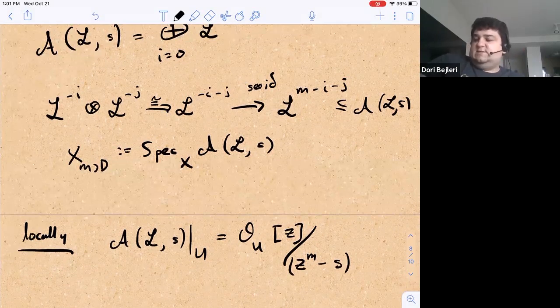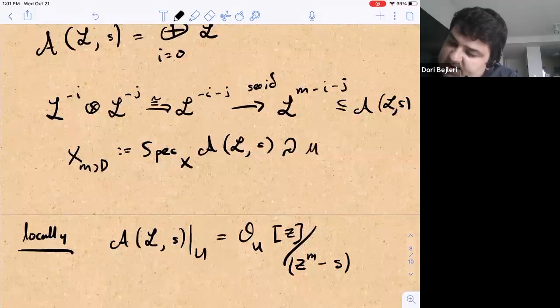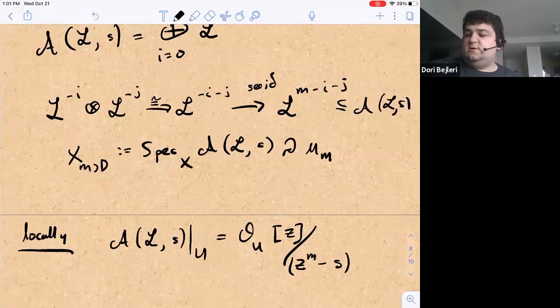And so what is this thing? It's a cyclic cover of degree M. By that I mean it has an action by the mth roots of unity. So it's a Galois extension of algebras with Galois group mu_m, and it's ramified exactly where S vanishes.